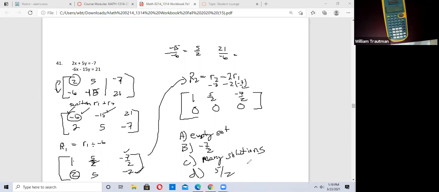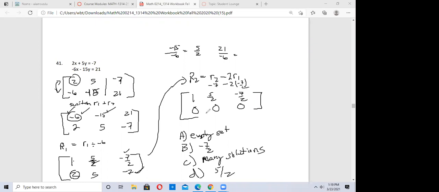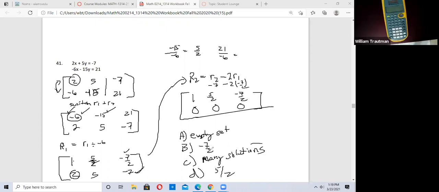What's the answer? C. Yes, when these are all 0, the answer is many solutions. Now, I can't remember how it was worded on the homework, but it's not the empty set. Empty set means no solution.